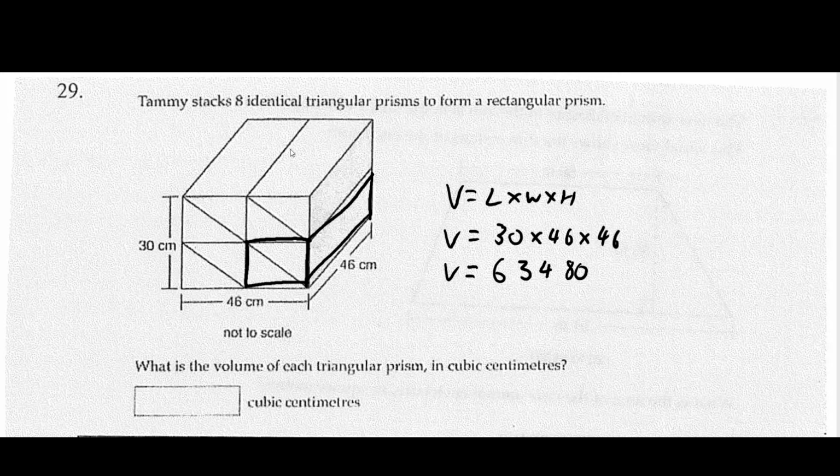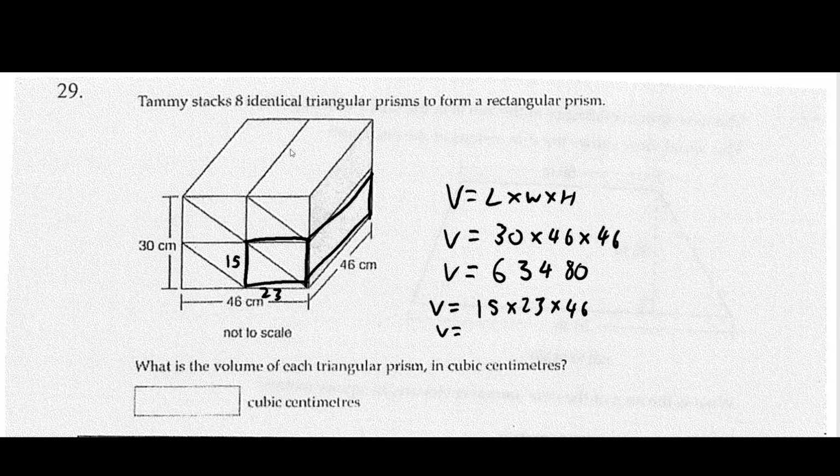It's going to be 15 high and 46 divided by 2. 46 divided by 2 is 23. So it's 23 long there, but still it's 46 long. So the volume of the smaller rectangular prism is going to be 15 times 23 times 46.